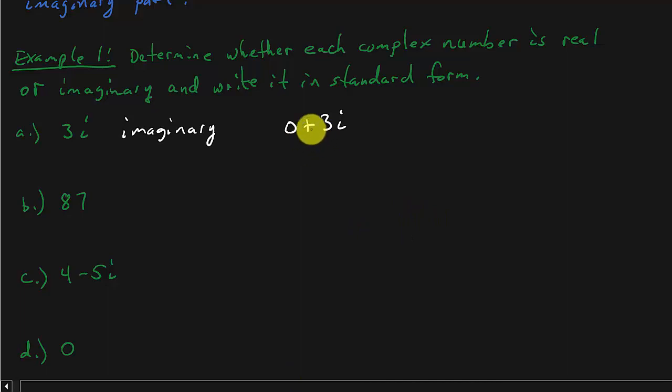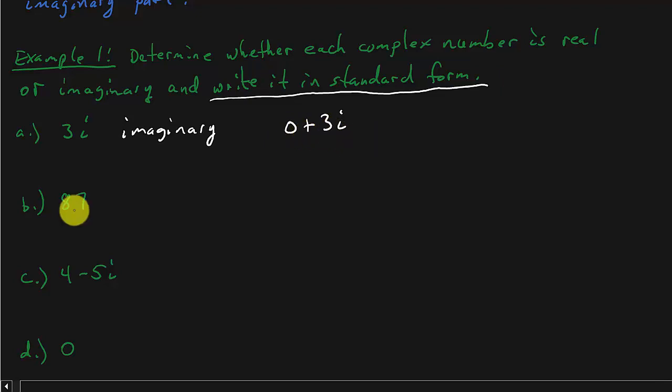You would leave it like this. If you have 3i, you're not going to write that as 0 plus 3i. We're just doing this because it's asking us to write it in standard form. That's the only reason we're doing the 0 plus 3i.